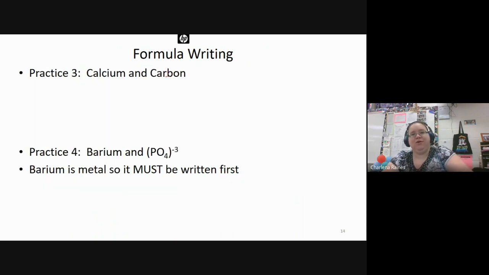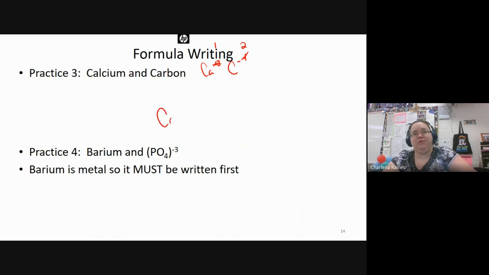All right, calcium and carbon. Well, calcium's in group 2, it's a +2. Carbon's in group 14, but it's the non-metal, so it's going to form a -4. These don't add up to 0, but they are both reducible. They're both divisible by 2. So we reduce and then swap and drop.